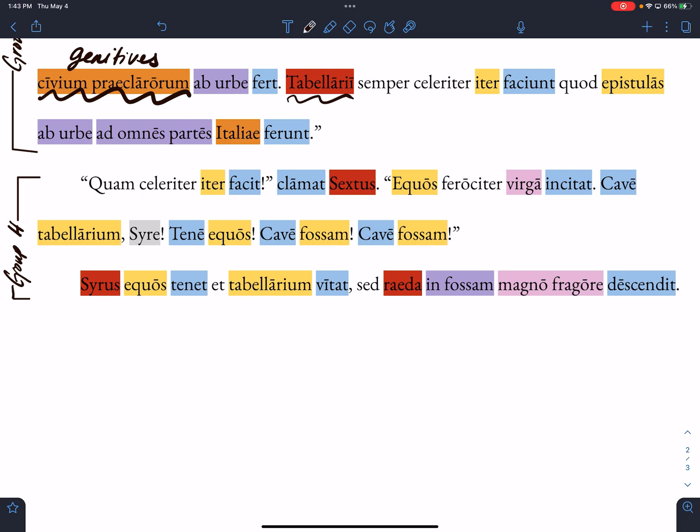All right, the first one occurs up here, virga. Okay, he spurs on the horses fiercely with a stick. What ablative is that? Means or instrument. Good. Okay, and then our second ablative occurs down here, magno fragore. With a loud crash. Could I say loudly? I could. So what kind of ablative is this?